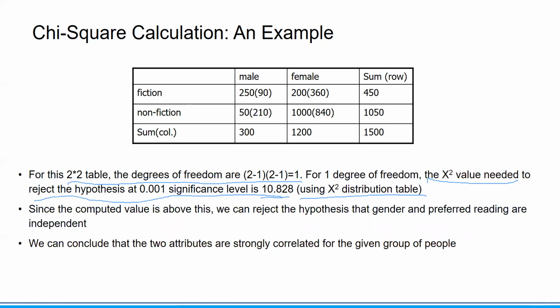Since the computed value is above this, we can reject the hypothesis that gender and preferred reading are independent. So we cannot say that they are independent. They have a high correlation, based on the high chi-square value. So we can conclude that the two attributes are strongly correlated for the given group of people.